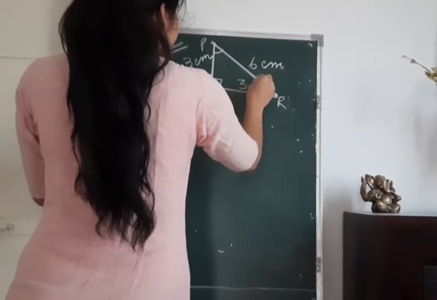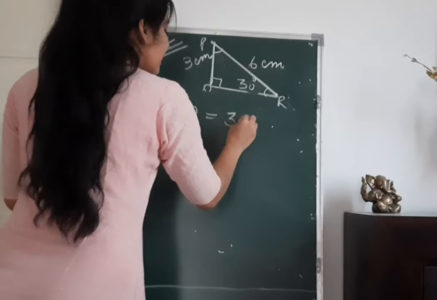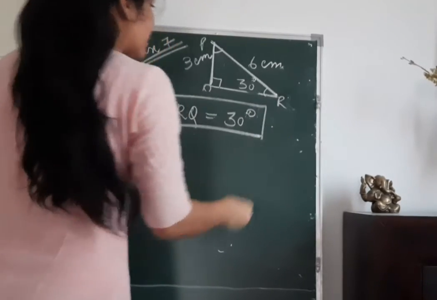So I can say theta is equal to 30 degree. That gives me angle PRQ is equal to 30 degree.